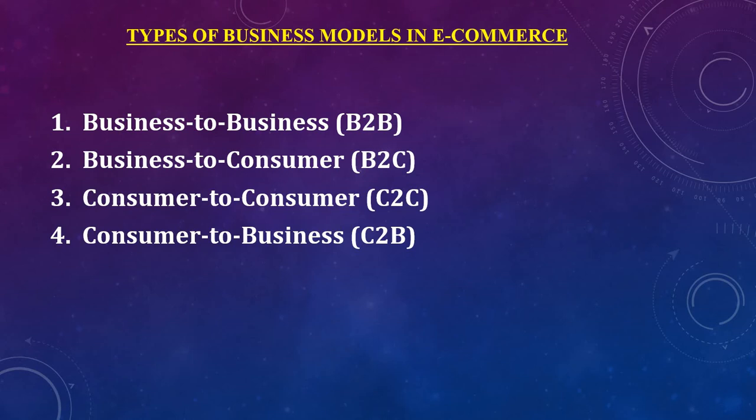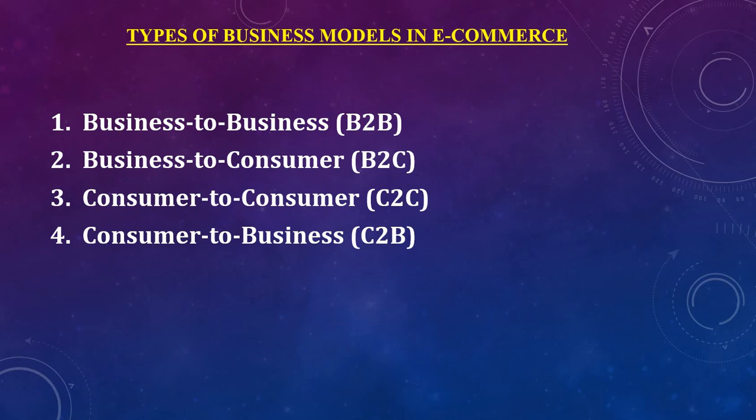Some other person or consumer who is interested may check it and purchase from you, correct? So as a consumer, you are selling that product to some other consumer. So that is known as consumer to consumer, correct? Best examples, as I already told, Quikr, OLX, all come under consumer to consumer.